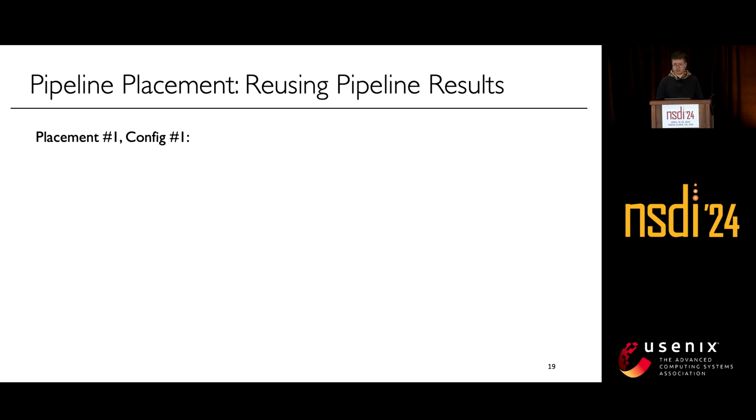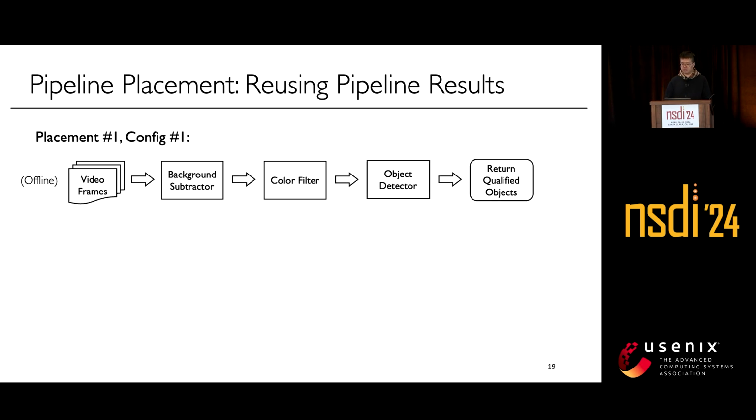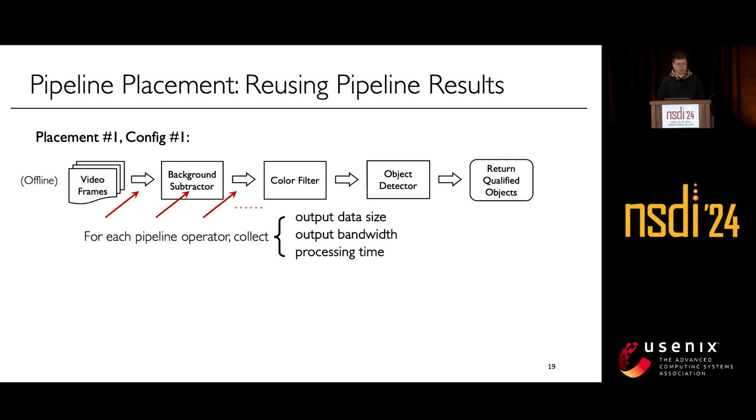Let's take a closer look at how this is done. Given a placement and configuration, if we have never seen this configuration before, we launch the pipeline offline and collect all the intermediate results. In particular, for each pipeline operator, we collect its output data size, output bandwidth, and its processing time, such that we can calculate the additional latency and resource consumption under different placement settings.